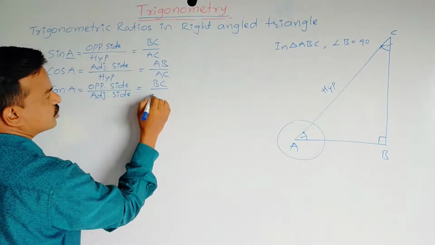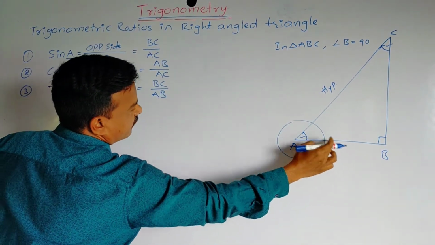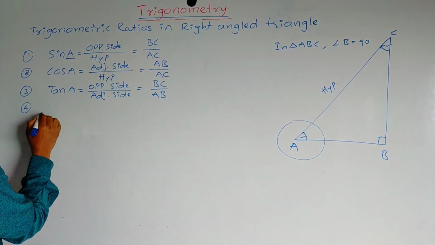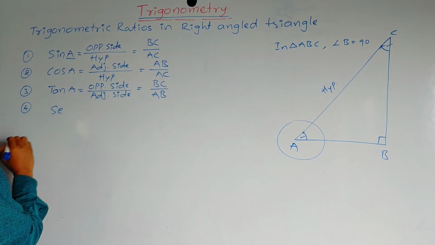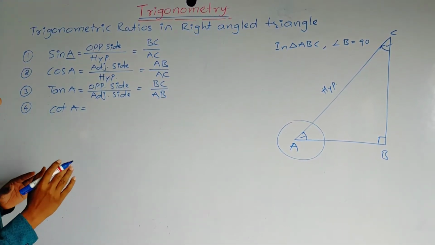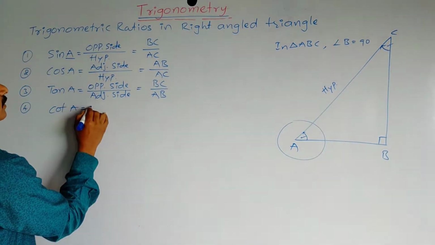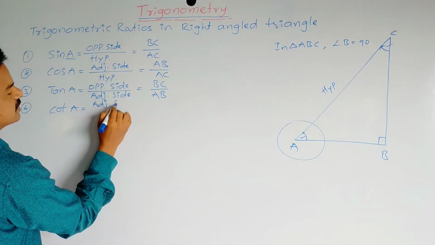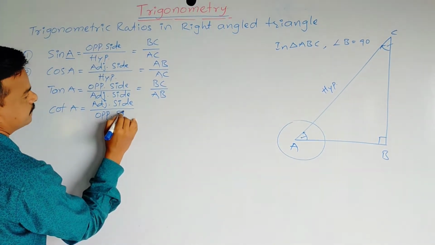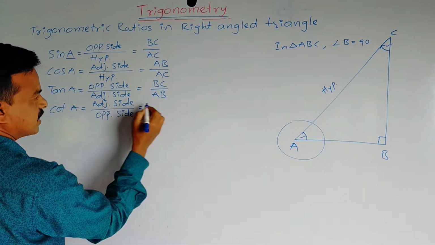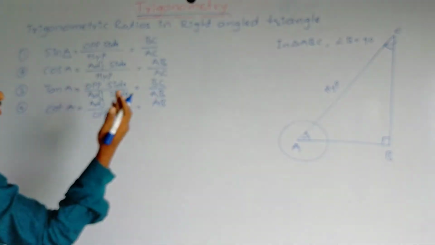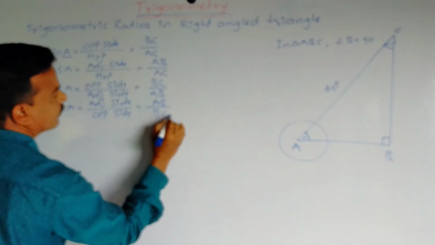The adjacent side of angle A is AB. Now next, the fourth one, cot A. Cot A is equal to adjacent side by opposite side. The adjacent side of angle A is AB, and the opposite side is BC.